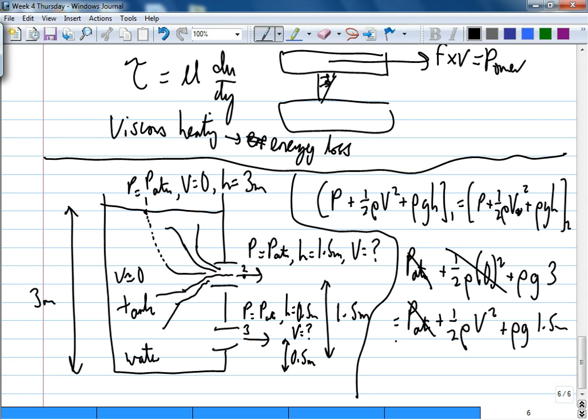So can I say half rho V squared is equal to rho G, moving this over, 3 minus 1.5.